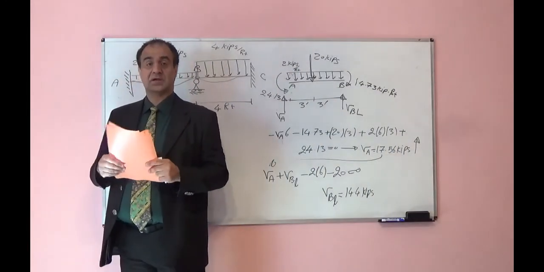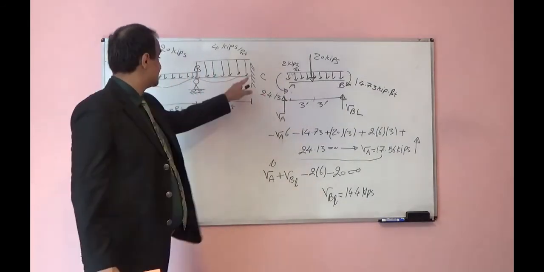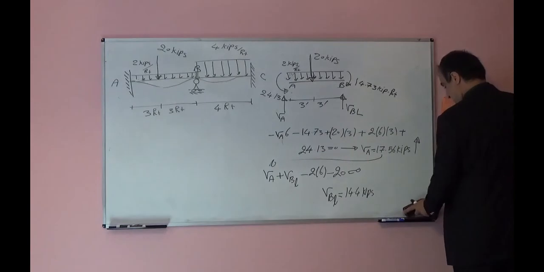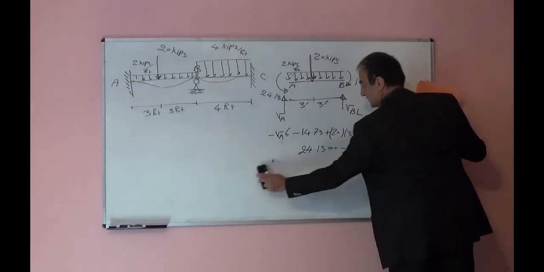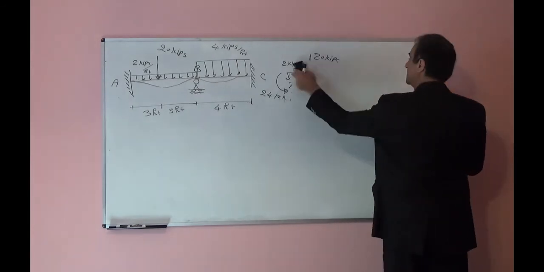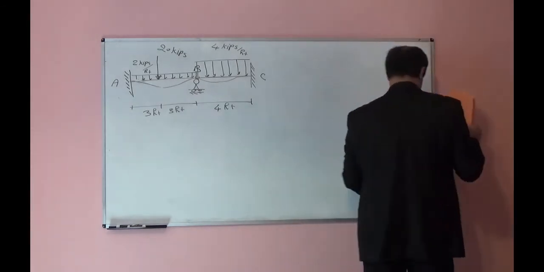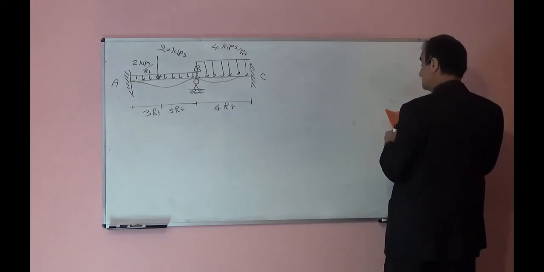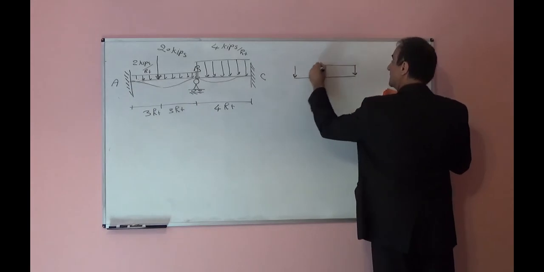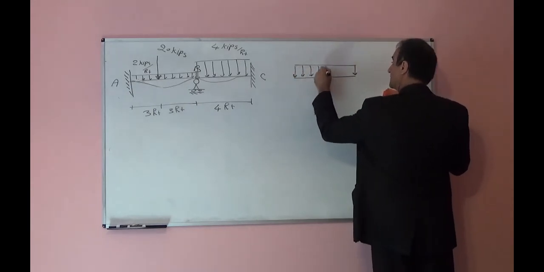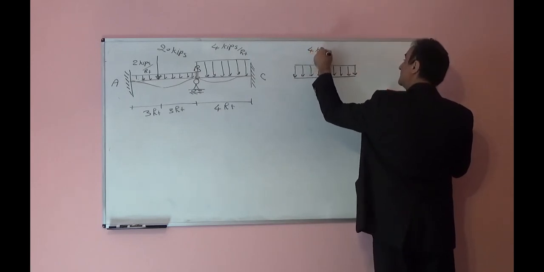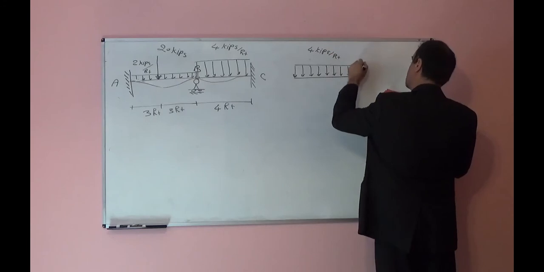I can do similar things for this span BC. So I will cut that. I will draw the free body diagram for that part. If I do that, I will have 4 kips per feet.